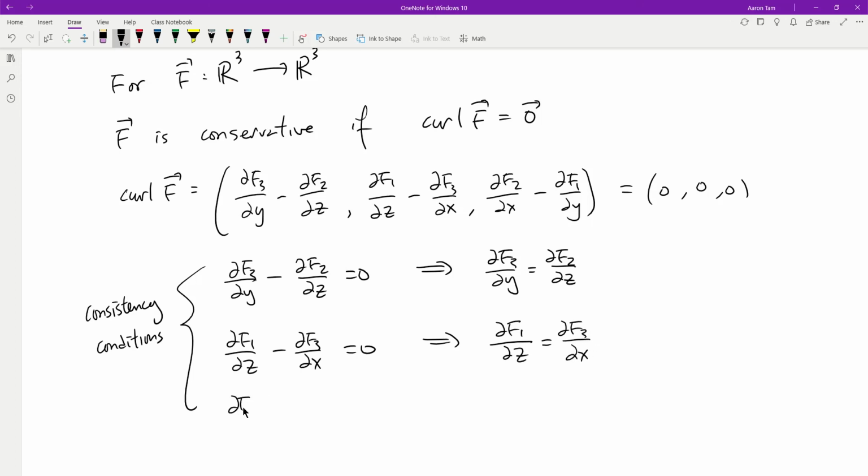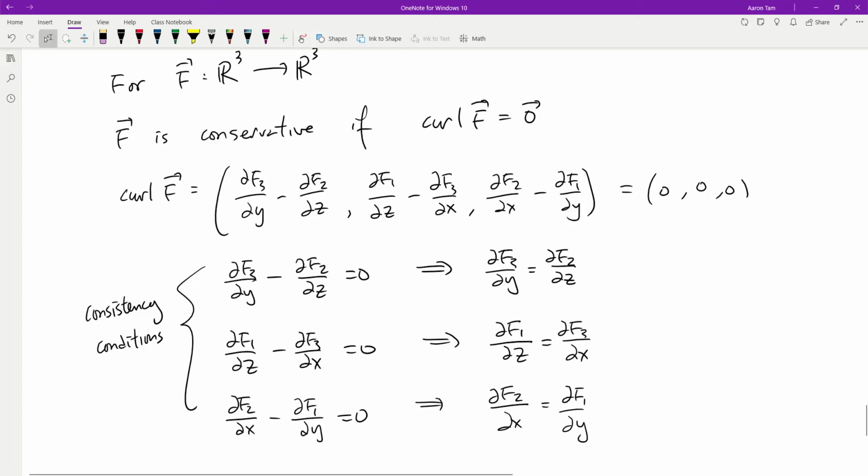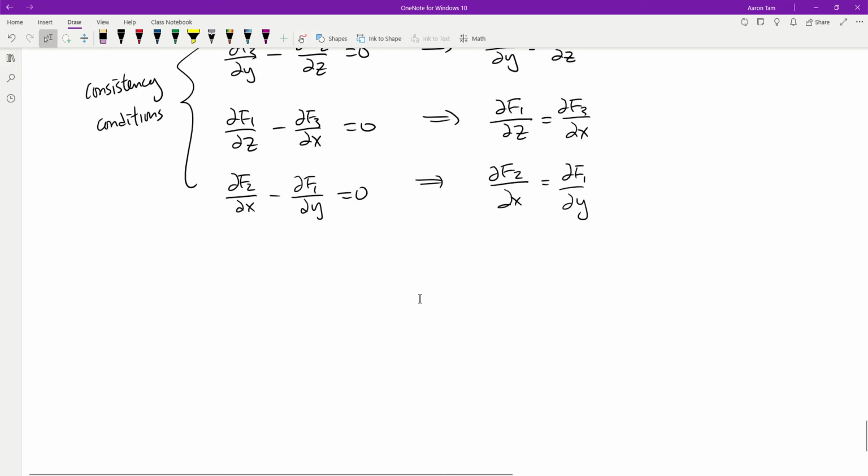And then finally, the consistency condition for a function mapping from R2 to R2: df2 over dx equals df1 over dy. So these three conditions must be satisfied in order for us to know that a function is conservative. Now I'll show you a very simple example to illustrate this process.